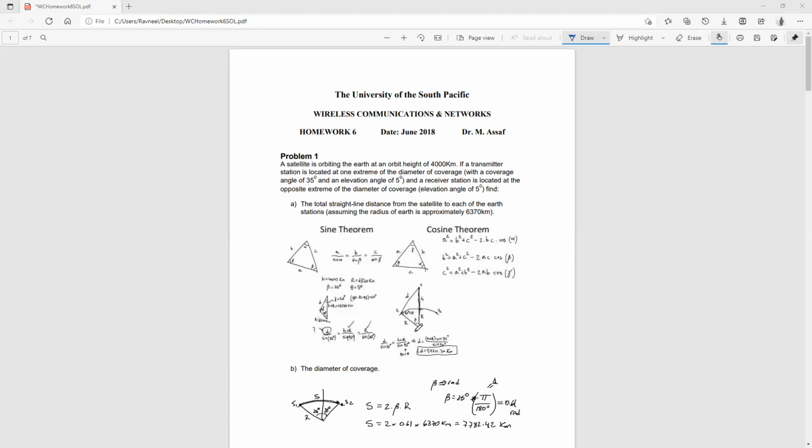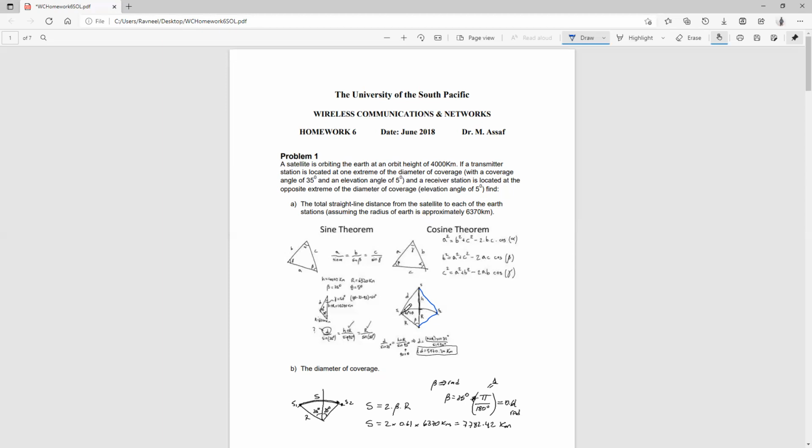So if we have such a triangle, the same triangle could be made for station 2 as well, right? Considering the center of the Earth with station 2 and the satellite, we can draw a triangle for that as well. Now, both the stations have an angle of elevation of 5 degrees.